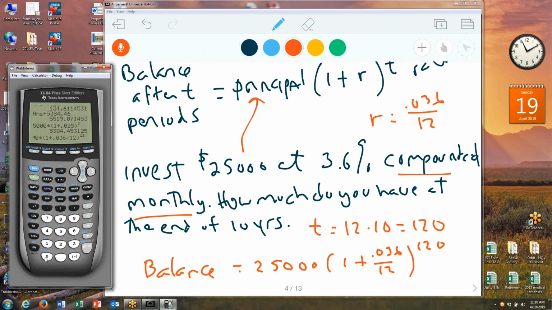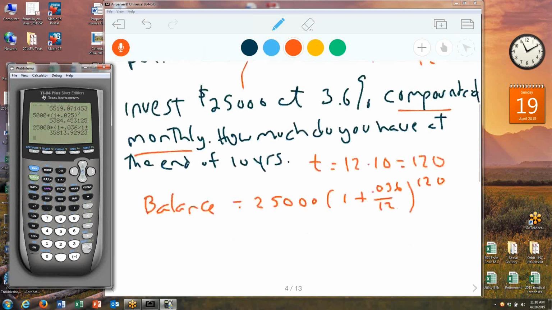That's how many months there are in 10 years, and hit equals, and we get a total of $35,813.93. Okay, so that's actually how much you have at the end of those 10 years.